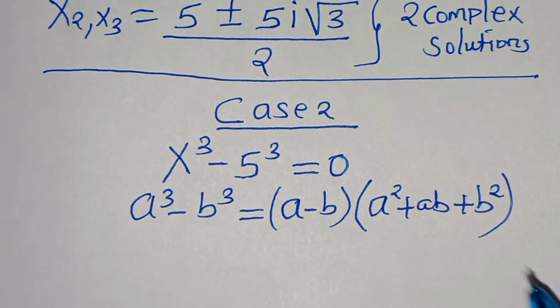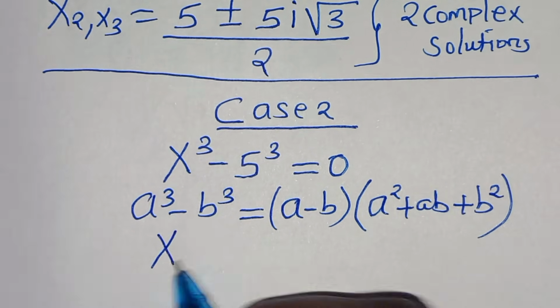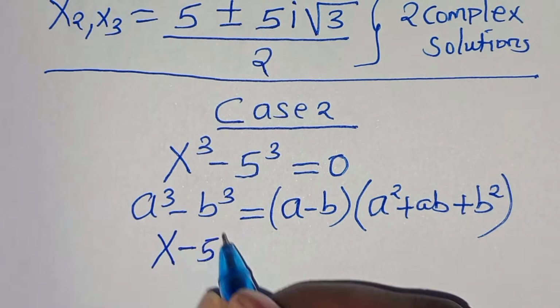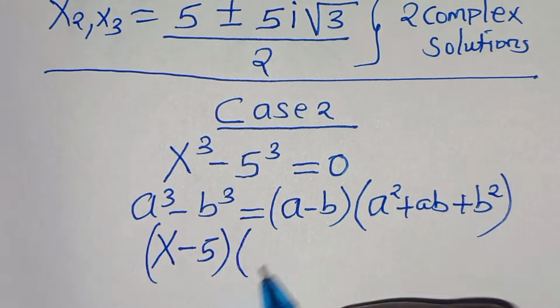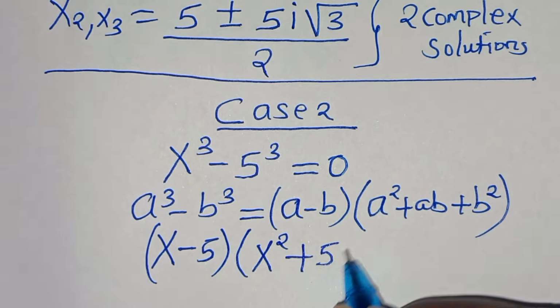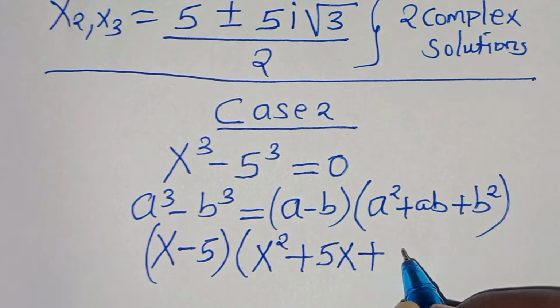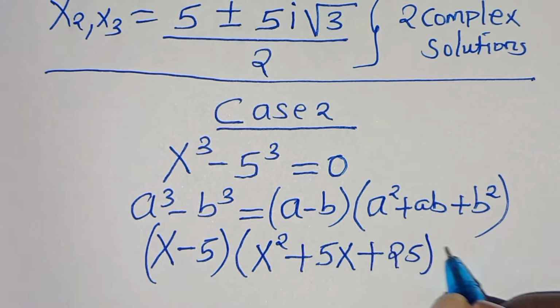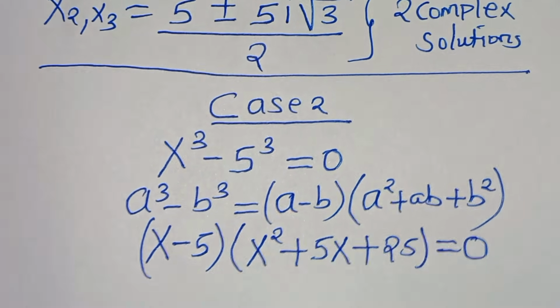Applying this identity, we have x minus 5 into the parentheses, x to the power of 2 plus 5x plus 5 squared, which is 25, equal to 0.